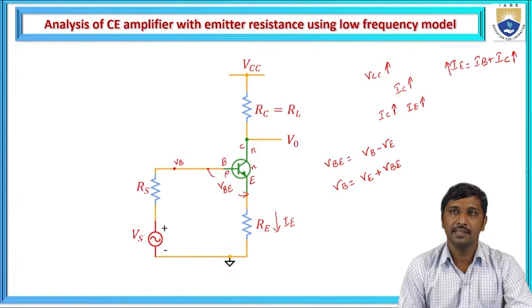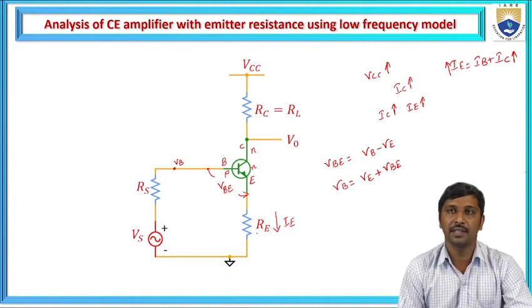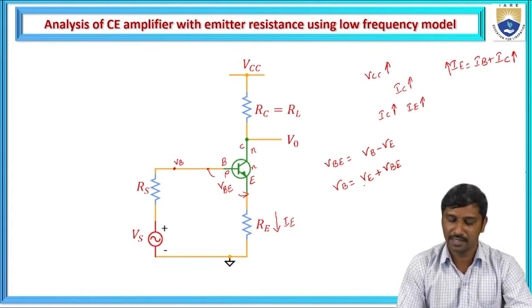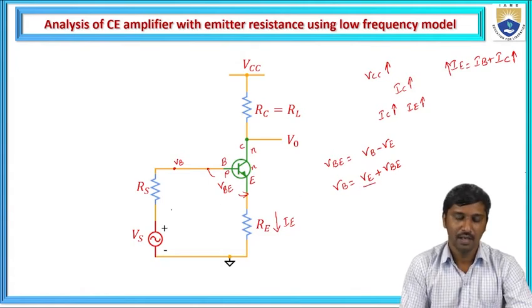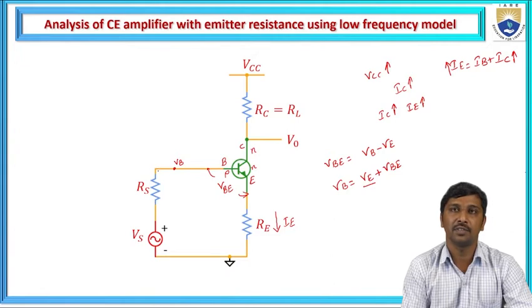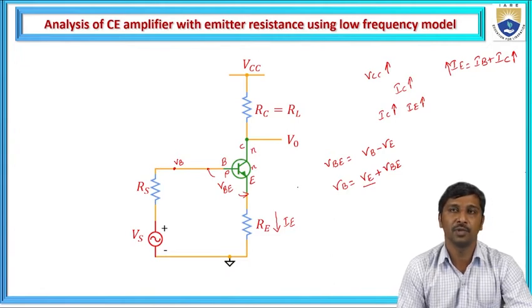And due to this increase of emitter current, the voltage drop across the emitter resistance also changes. Hence VE is changed. And due to the self-bias configuration, at the input side, that self-biasing or voltage divider network compensates this change in voltage to stabilize the DC voltage or to stabilize the operating point.